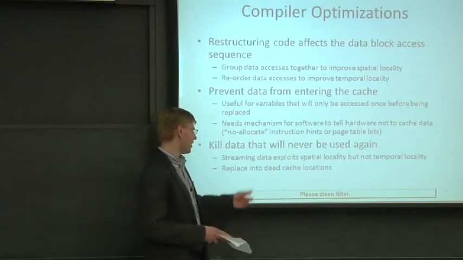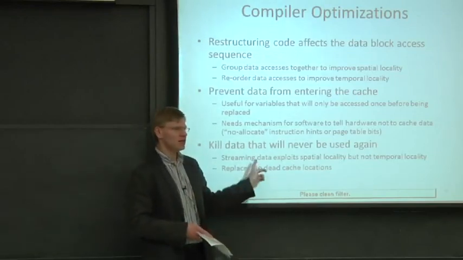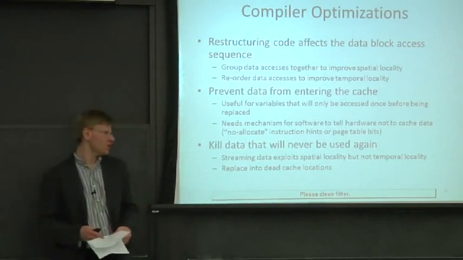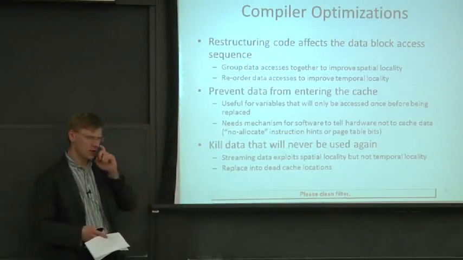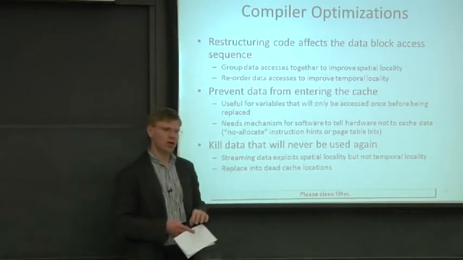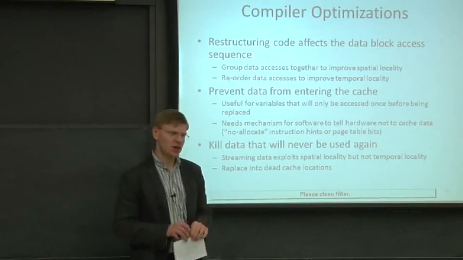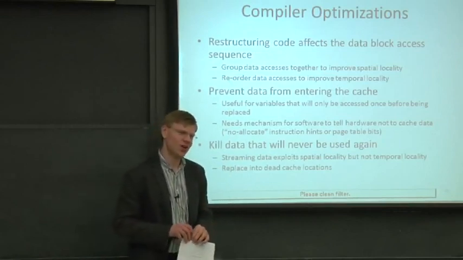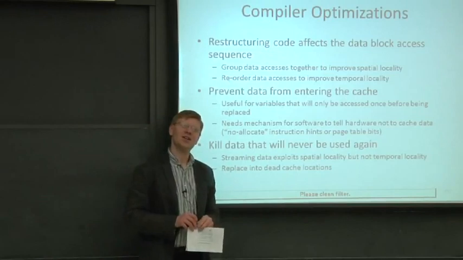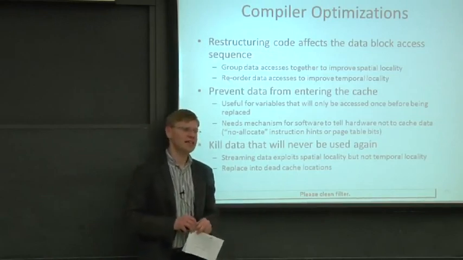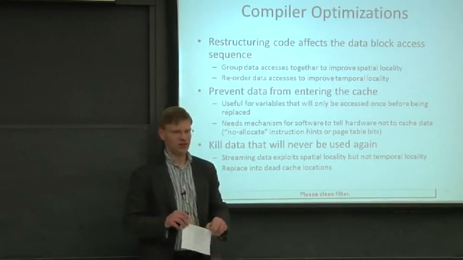I don't have this on the slide here, but there's a corollary to this. Lots of times architectures will have an instruction that's basically just an inval instruction. It'll invalidate the data.